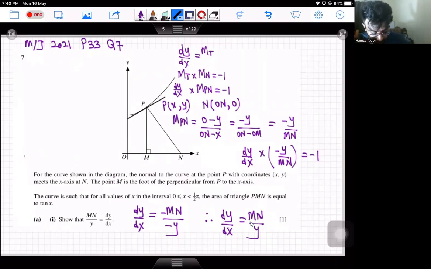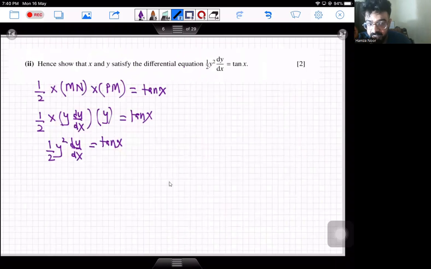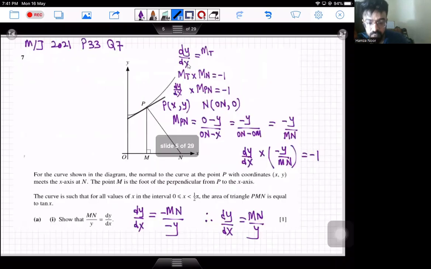As simple as that. Then part 2 says: hence show that x and y satisfy the differential equation half y squared multiplied by dy over dx equals 10x. The information given to us is that the area of triangle PMN is equal to 10x. How do we find the area of this right angle triangle? It's simple, half into base into height.